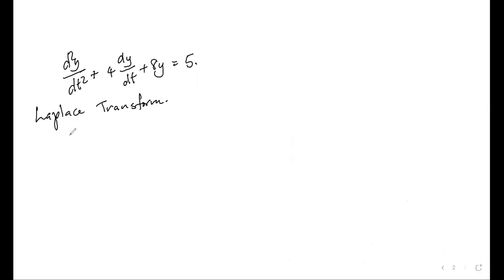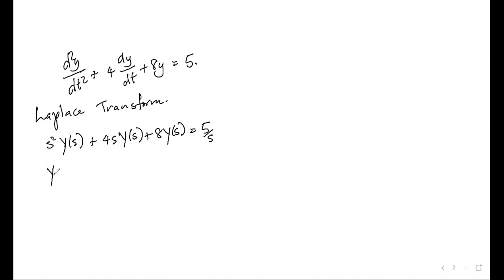So if I take the Laplace transform, the second derivative is s squared, plus 4 times the first derivative, s, plus 8, is equal to 5. The constant is going to be 5 over s.